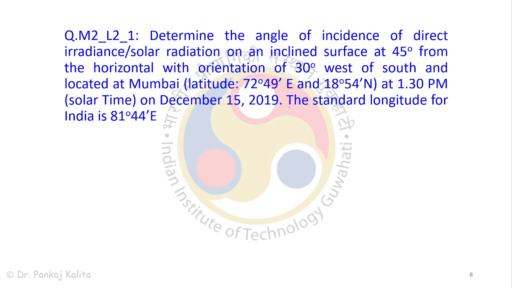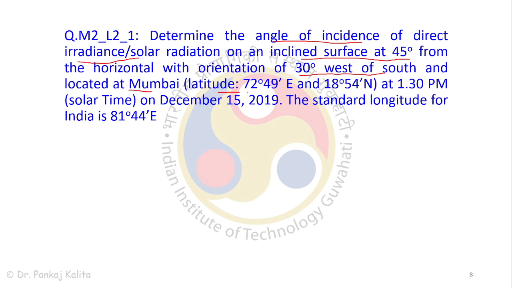Now sir has explained this. Okay, so I will just quickly go through the concept behind this question. Determine the angle of incidence of direct irradiance solar radiation on an inclined surface at 45 degree from the horizontal, with orientation of 30 degree west of south, and located at Mumbai.